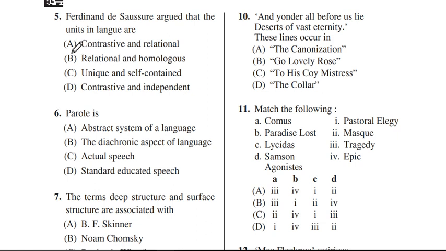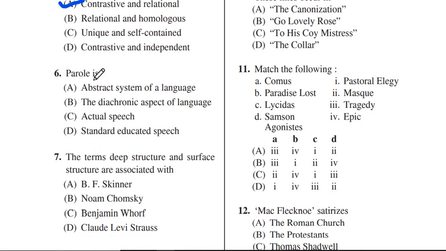So for this, the correct answer is contrastive and relational. The next one is: parole is a. Options: abstract system of language, the diachronic aspect of language, actual speech, standard educated speech. So for this, the correct answer is actual speech.